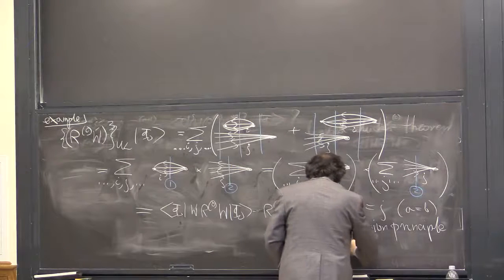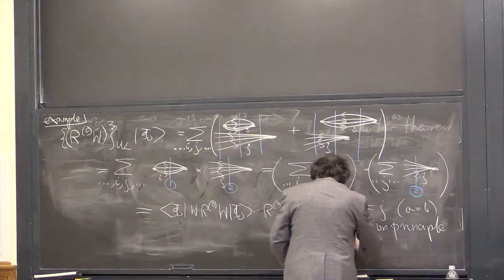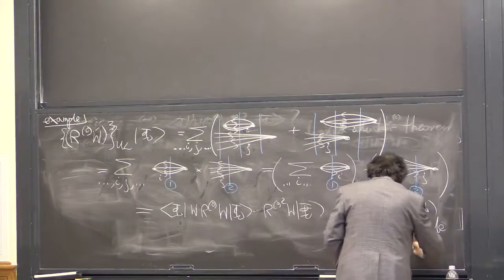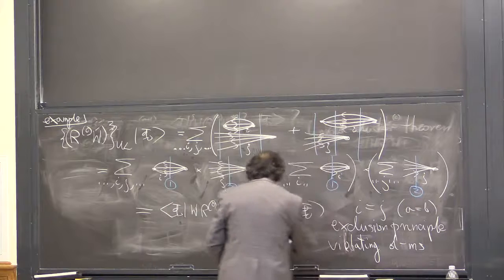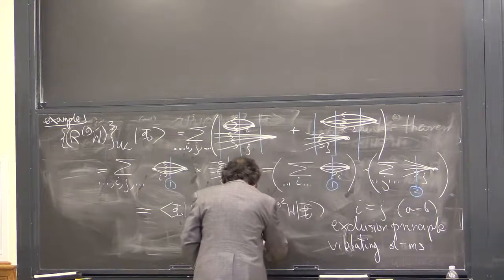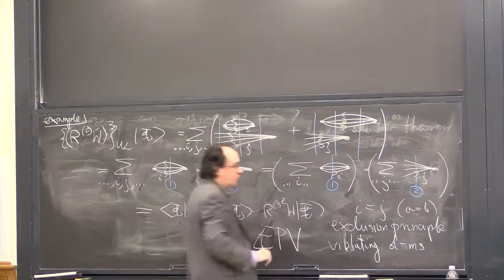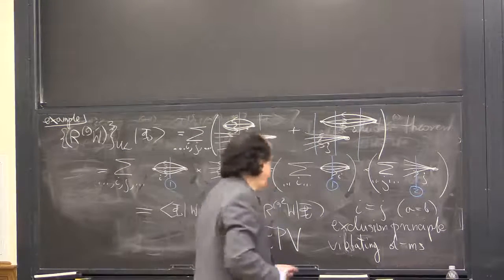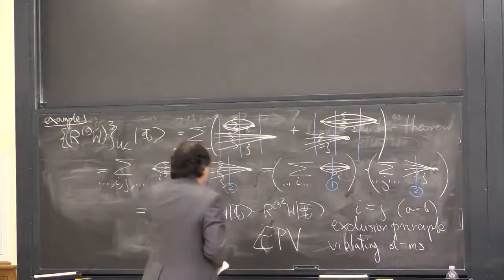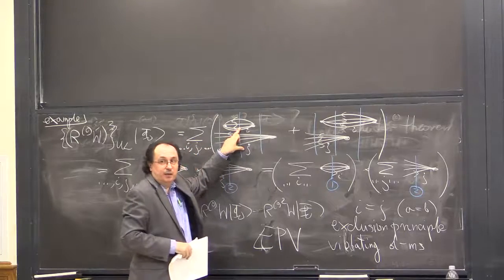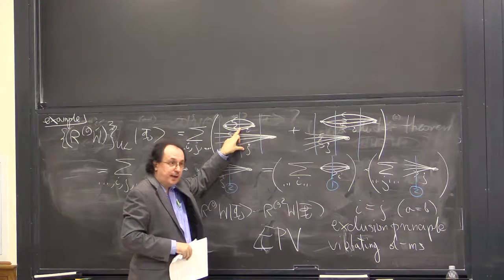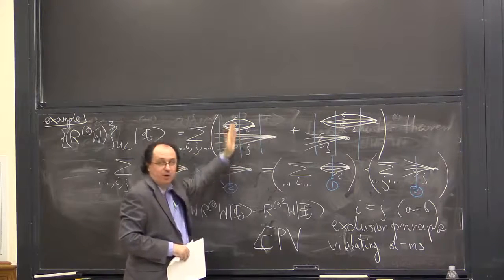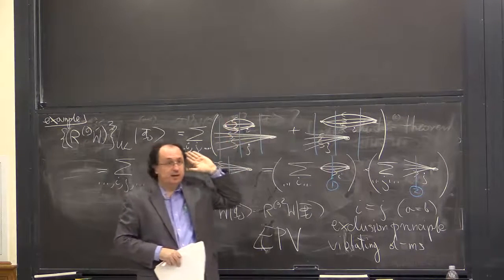violating diagrams. Okay, we abbreviate them as EPV. So EPV diagrams are diagrams where indices of lines with the same orientation and in the same location in the diagram turn out to be the same.